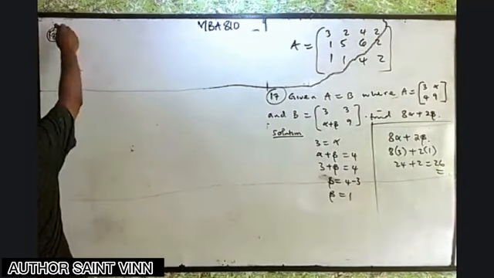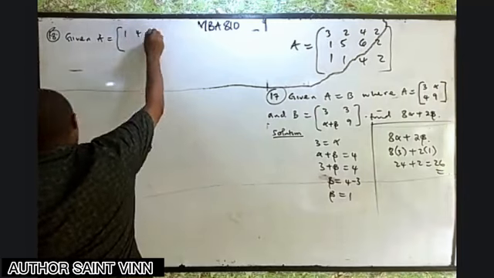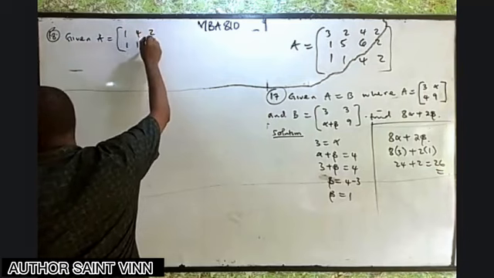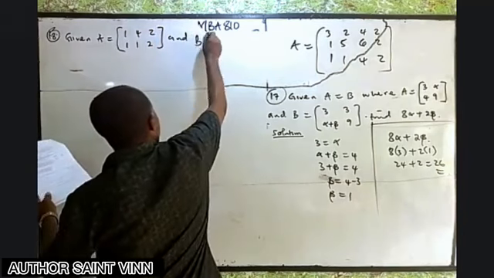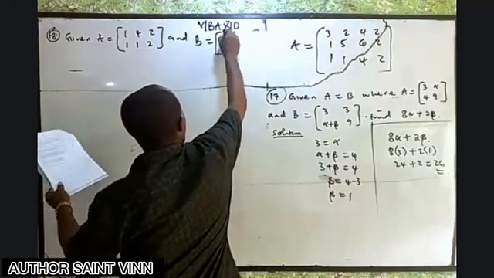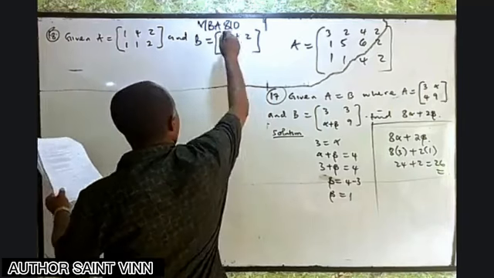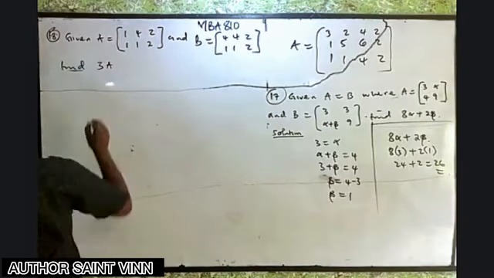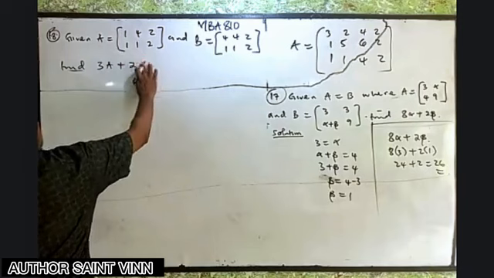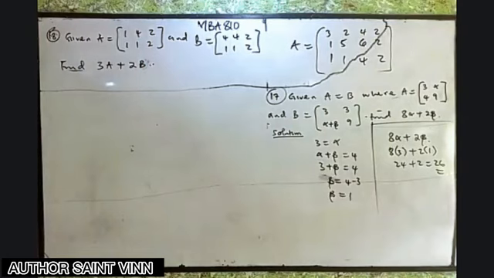Here it is saying, given A, this is 1, 4, 2, 1, 1, 2, and matrix B, we have 4, 4, 2, and we have 1, 1, 2. And the question: we should find 3A plus 2B. This is very simple. It's all about addition and multiplication.